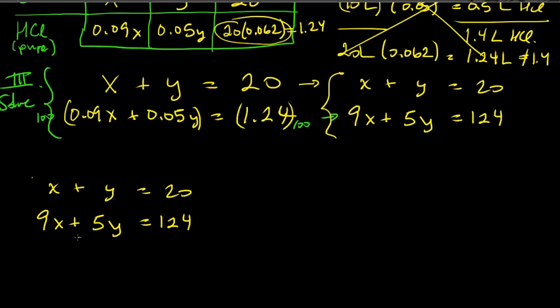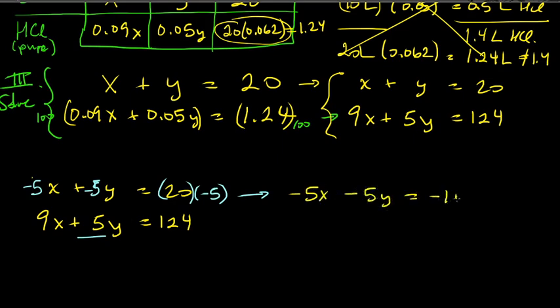So to cancel the positive 5, we need a negative 5. So multiply by negative 5 on the first equation, both sides. When you multiply both sides by negative 5, you get negative 5x minus 5y equals negative 100. And the bottom equation, we can leave that alone.